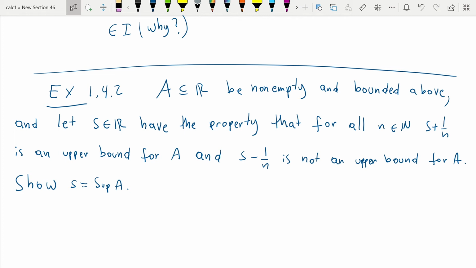So whenever you're asked to show that something is a supremum, you either have to use this characterization or the definition. And when you know that and you see something like this, it tells you it's probably good to use the characterization, because you're subtracting something from the thing you want to show is the supremum. So that means S. You should think of 1 over n as being your epsilon.